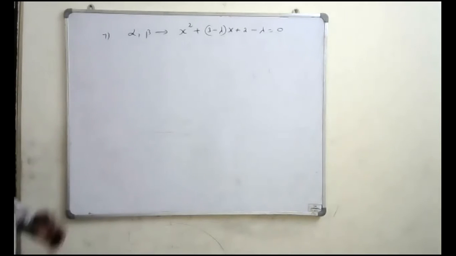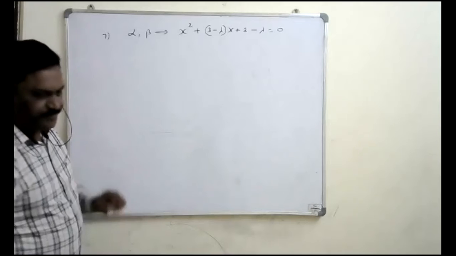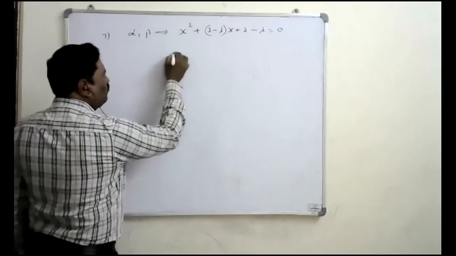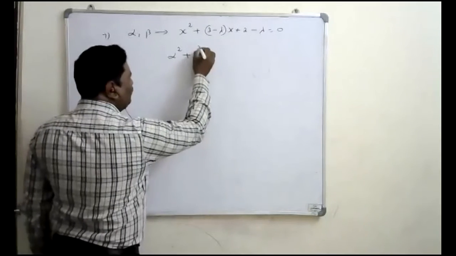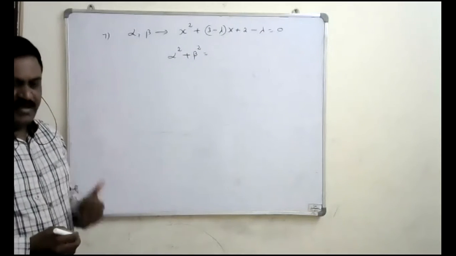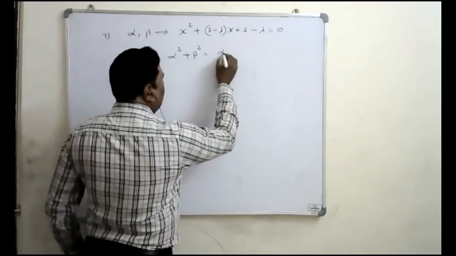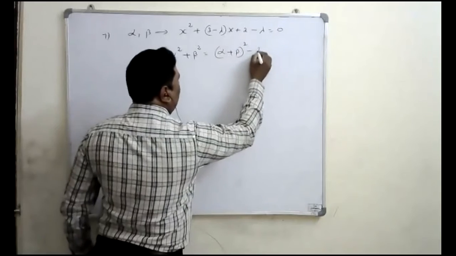Observe this problem. They are saying that the sum of the squares of the roots, alpha square plus beta square, is least, so this is the minimum. We can write alpha square plus beta square as alpha plus beta whole square minus 2 alpha beta.